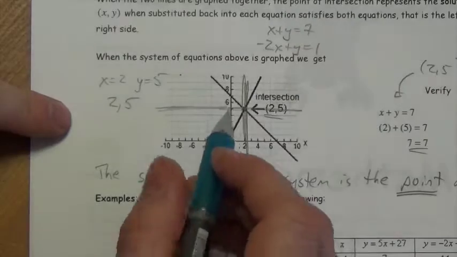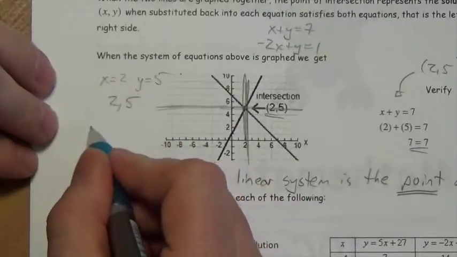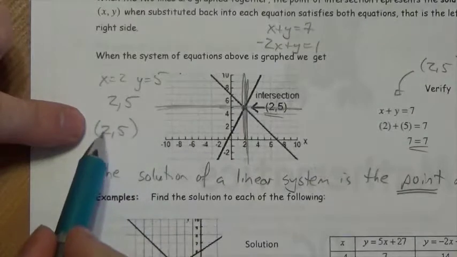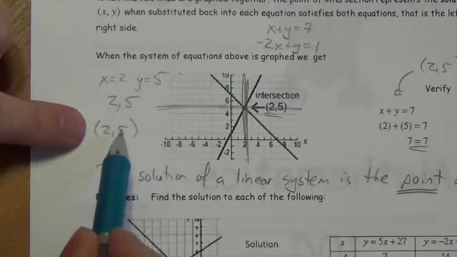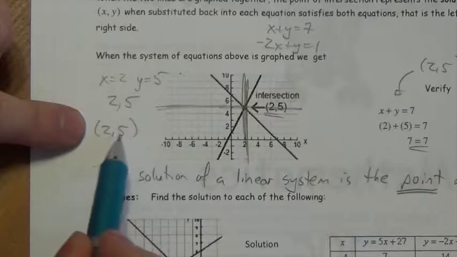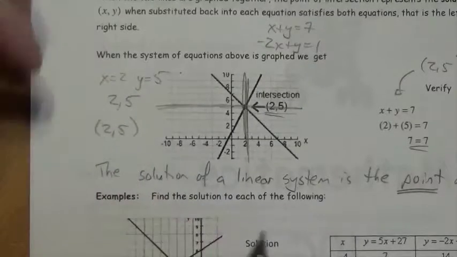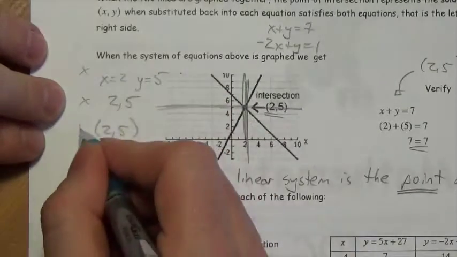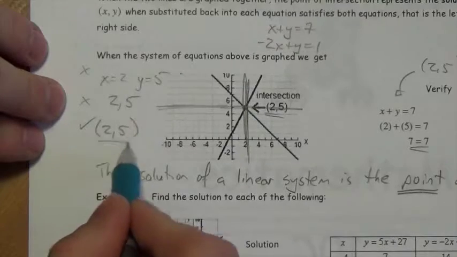But that's not the solution to the system. The solution to the system is the point (2, 5). As soon as you put the parentheses here, I know this is the value of the independent variable and this is the value of the dependent variable. All of a sudden, the position has meaning. If you don't, this is not the solution; that's the solution. You need to write it as a point.